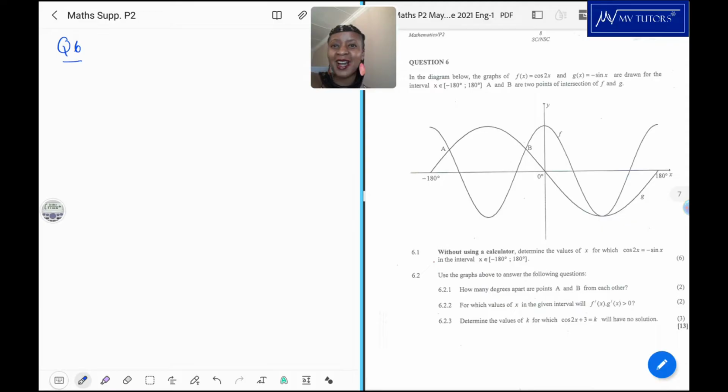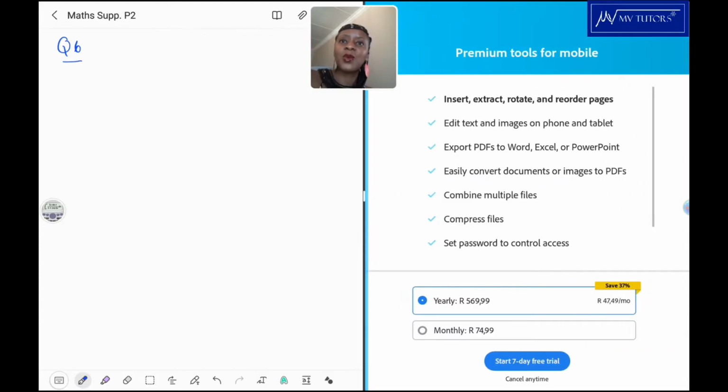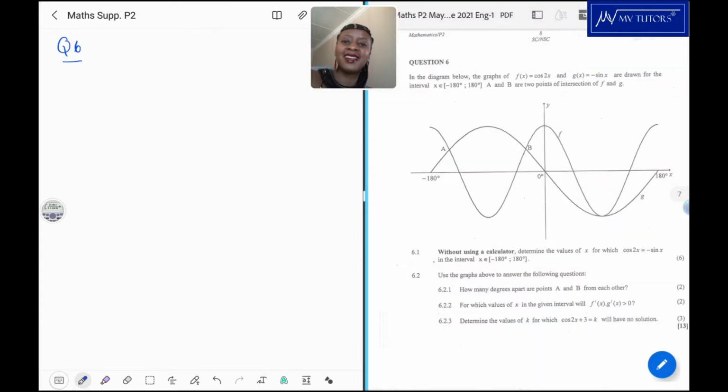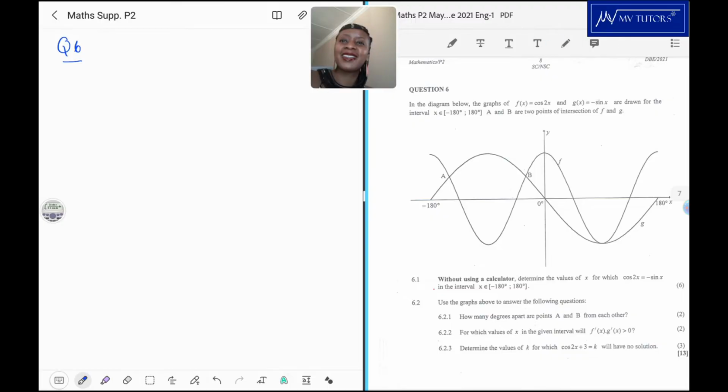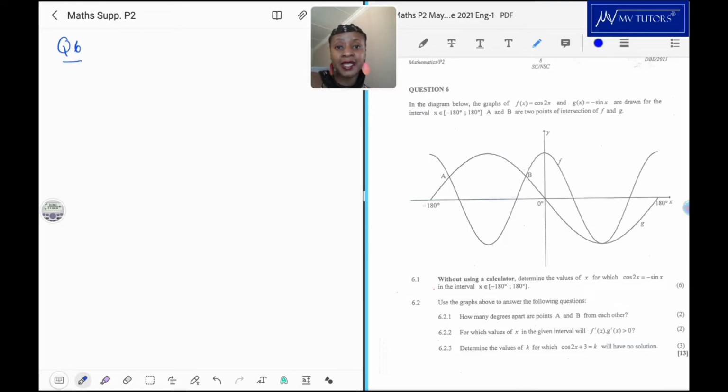Alrighty, so we can see here that f is a cos graph that has a period that has changed. Instead of one wavelength being produced over 360 degrees, you have one wavelength produced over 180 degrees.